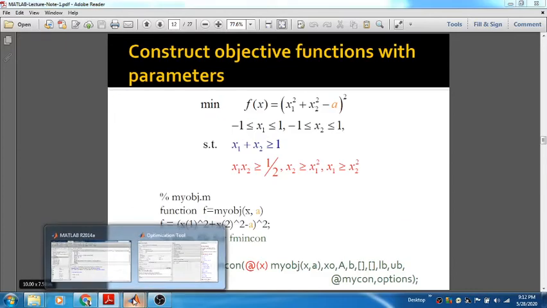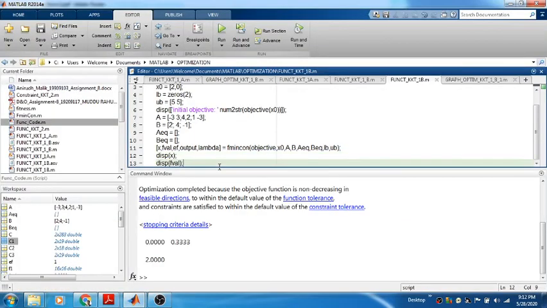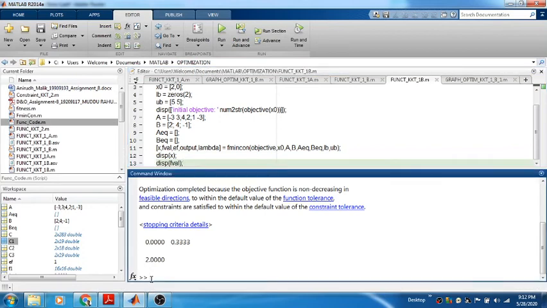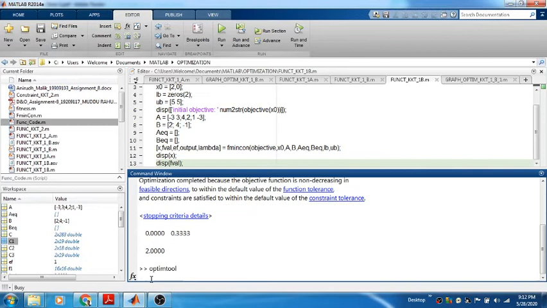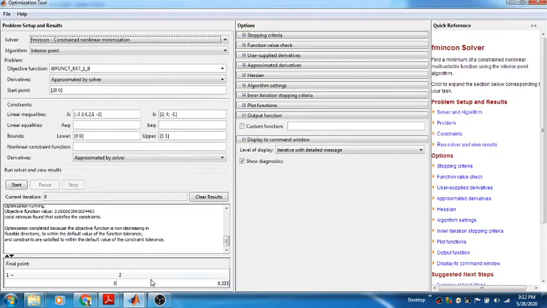Okay, now if I say you need to find the solution using the optimization tool, like I did in the last class, let's see. You need to write here optimtool, and it will go immediately here. I have already filled it in. First of all, you need to write the function.